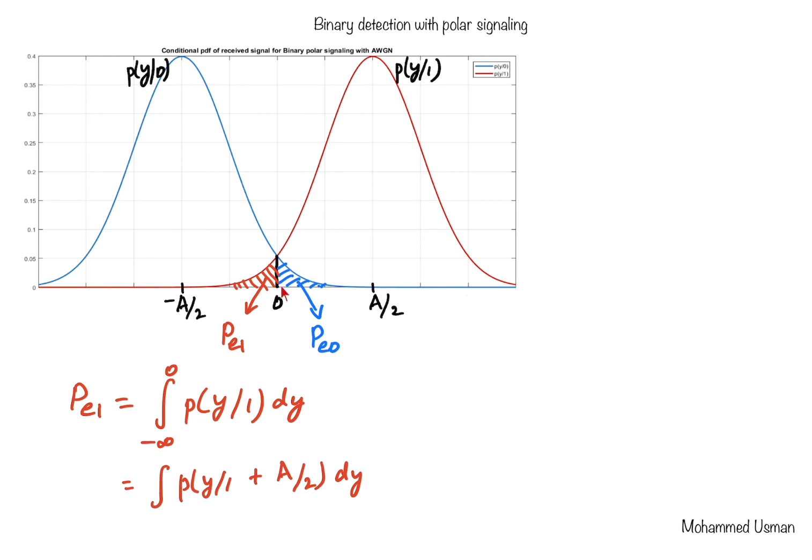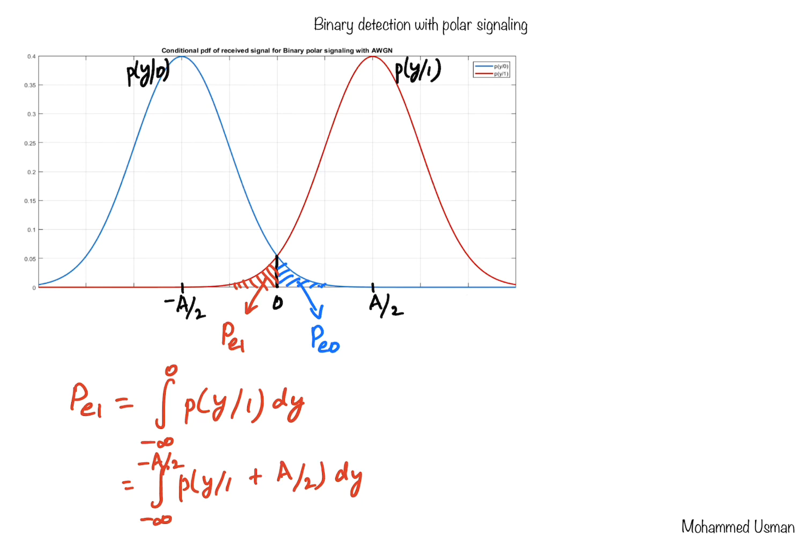We want to integrate from minus infinity to 0. So the limits will also get shifted to the left by a by 2. So minus infinity shifted further to the left remains minus infinity, and 0 shifted to the left by a by 2 comes to minus a by 2. So the limits of integration are now minus infinity to minus a by 2.